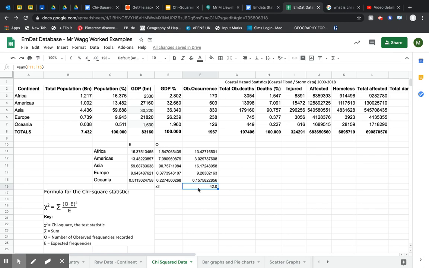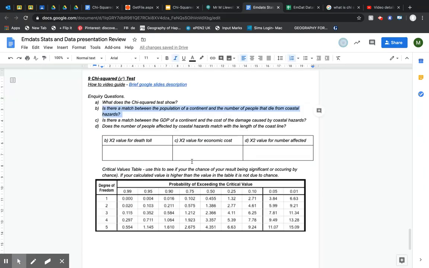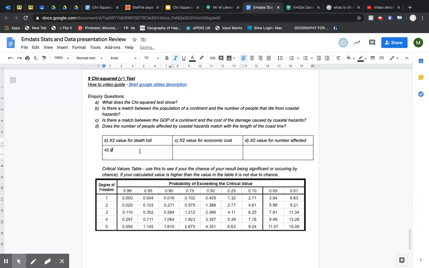Let's go to one decimal place. I'm going to copy that back into my table. So my chi-squared for death toll and total population is 42.